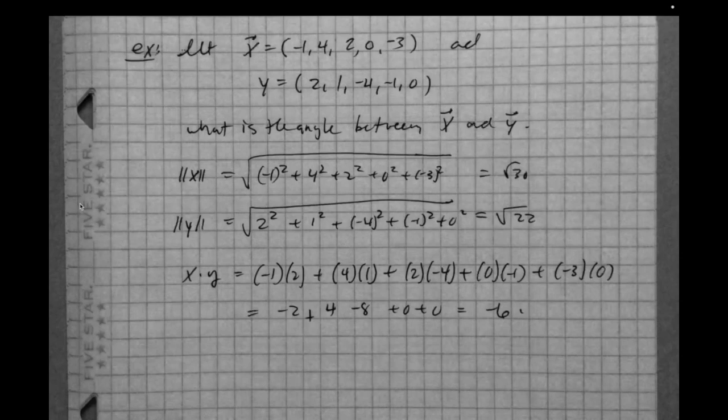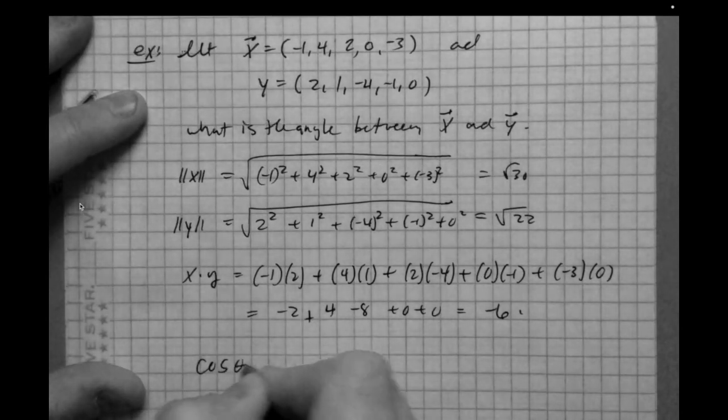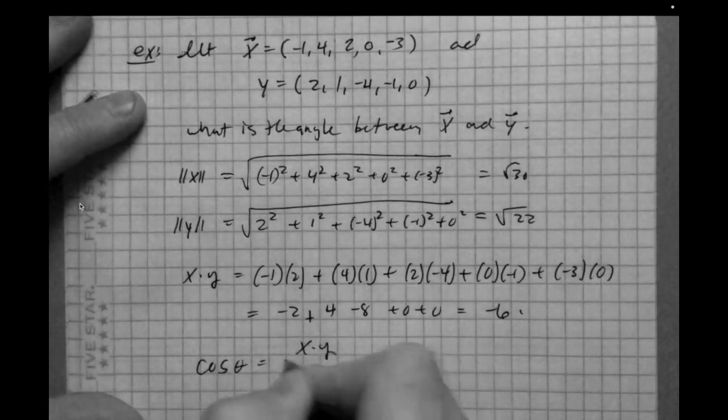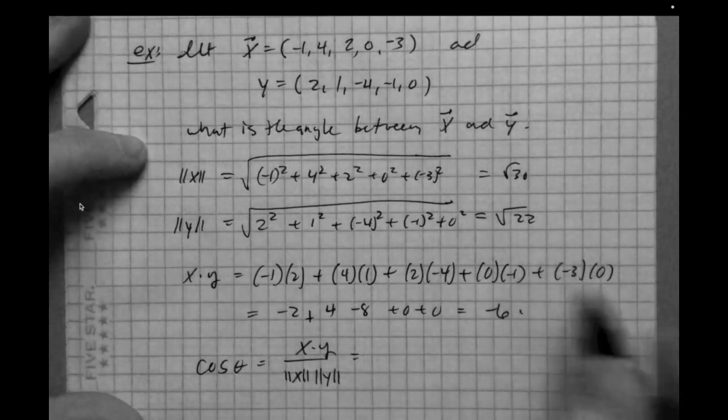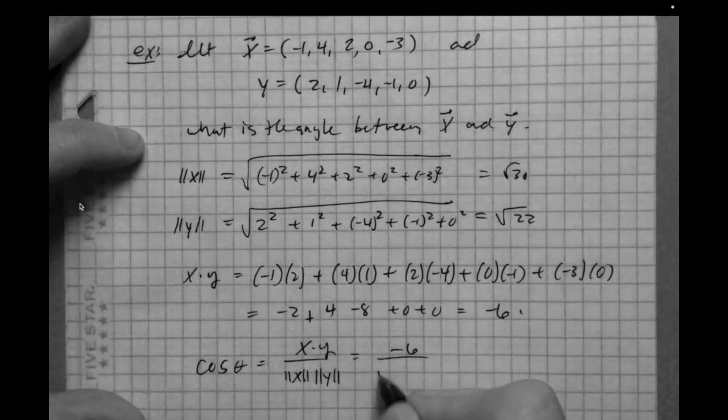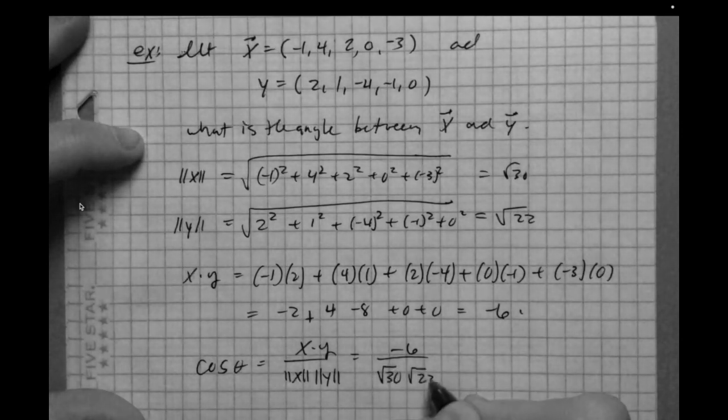And so then cosine of theta is equal to x dot y over the norm of x times the norm of y, which is -6 over the square root of 30 times the square root of 22.